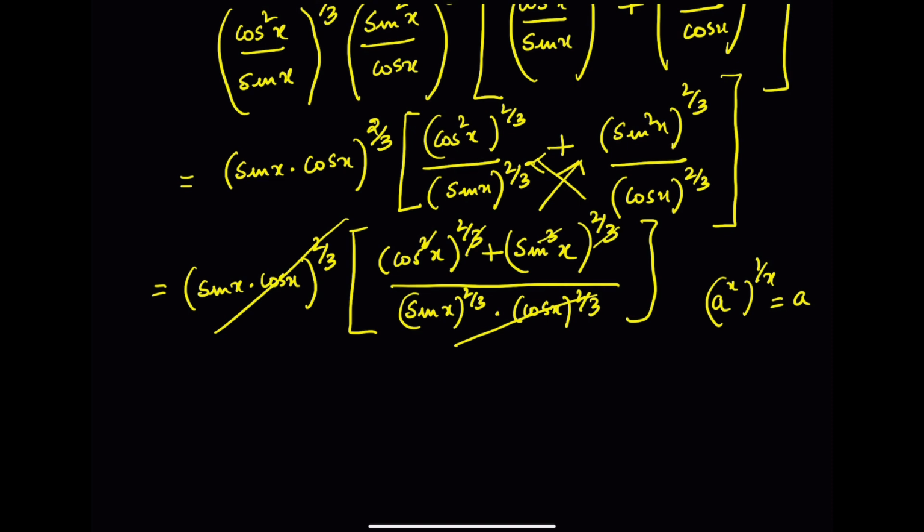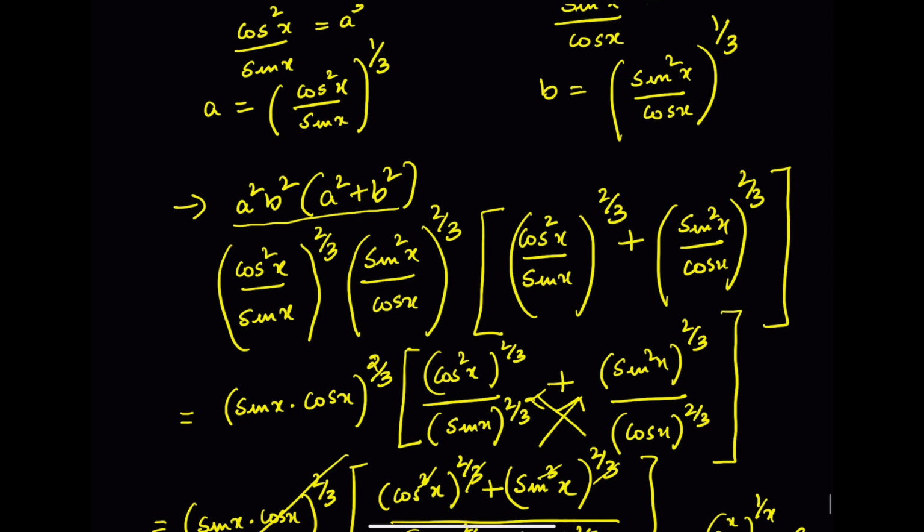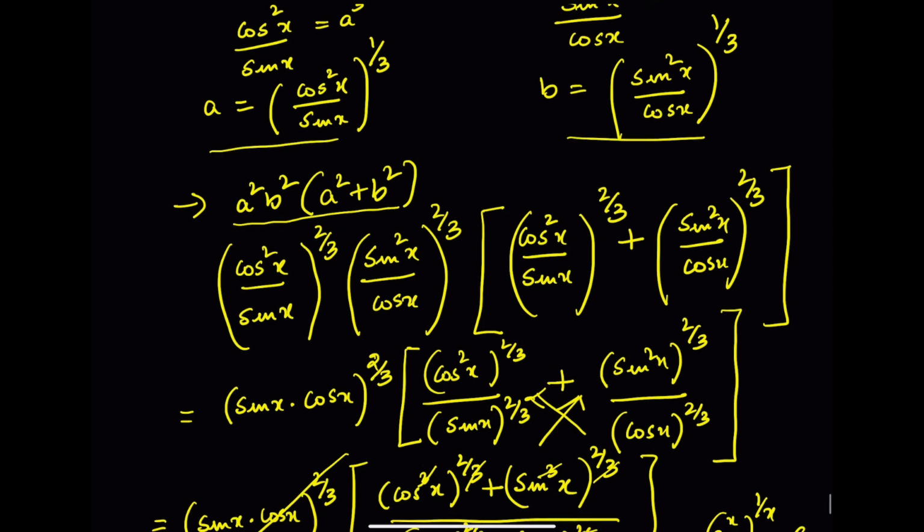Same way it applies here too. So we will have cos square x plus sin square x, which is equal to 1. So this is how we arrived at the proof that a square b square times a square plus b square is equal to 1. So we individually found the value of a and b, and then it is just solving the exponents.